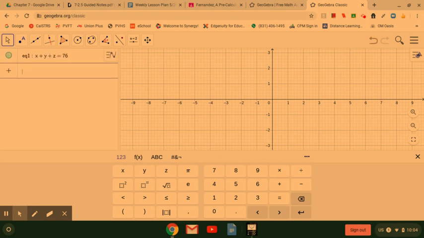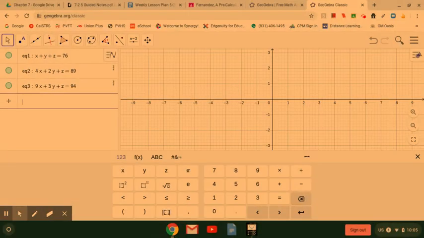Then we're going to go 4X plus 2Y plus Z equals 89. And then we're going to go 9X plus 3Y plus Z equals 94. So we're using the computer to solve our problems because the algebra is too complicated.